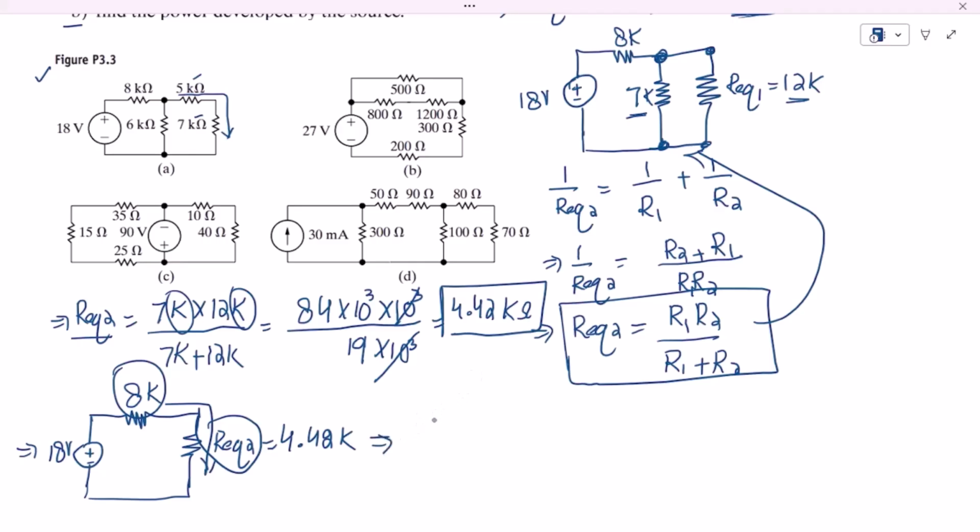So the R equivalent here would be what? This is the only resistor here, I am calling it R equivalent.